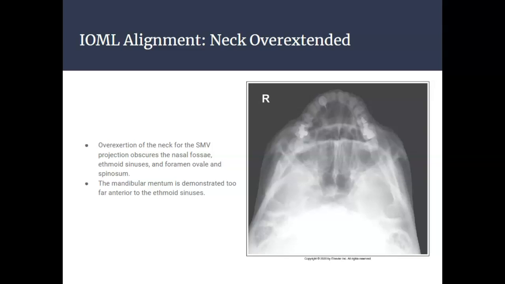But in over or underextension, when there is misposition of the IOML, there is a distortion of the nasal fossa, ethmoid sinuses, and foramen ovale and spinosum. So we want to repeat this image because we're not adequately visualizing the anatomy that we are trying to demonstrate in the SMV projection.